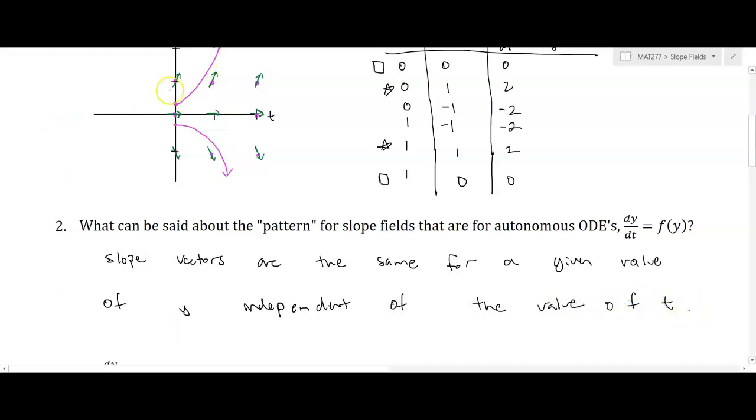So what we kind of describe this as is we should have rows of identical vectors.